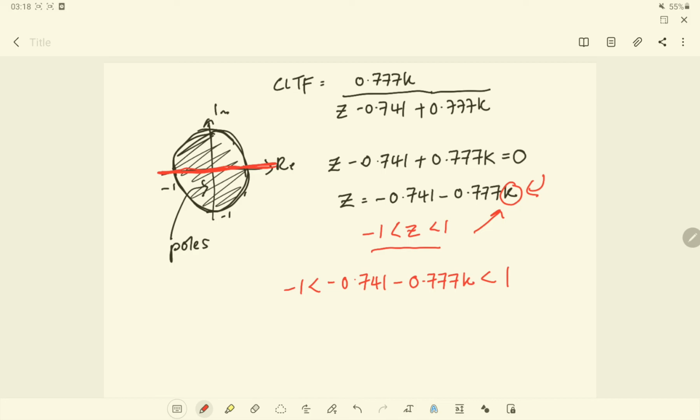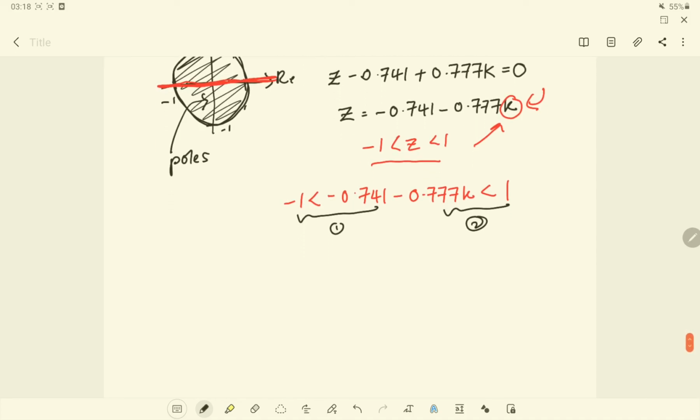So here we have two conditions. Condition 1 and condition 2. For condition number 1, -1 less than 0.741 minus 0.777K. So we rearrange the equation. You get negative 1.741 less than negative 0.777K.